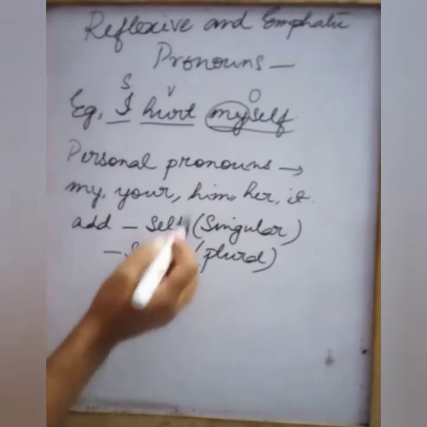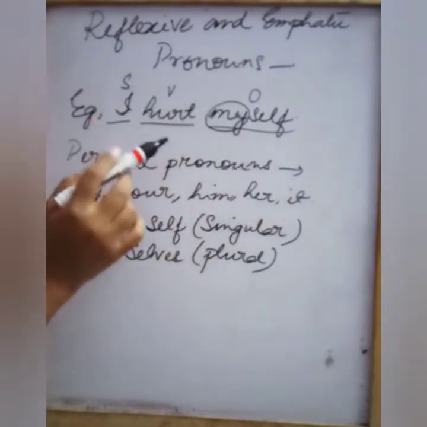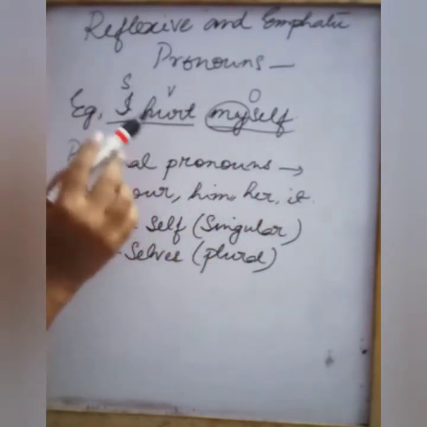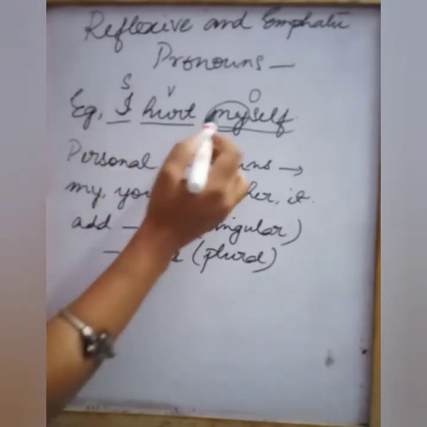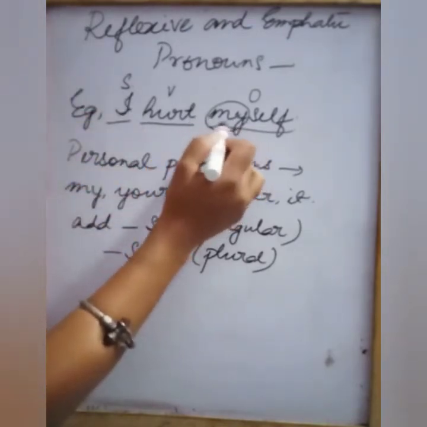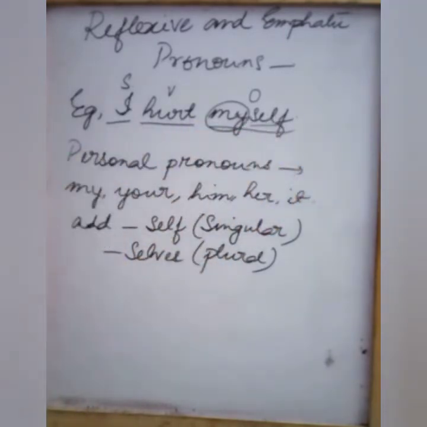So when we add self with the personal pronoun, what is this? This is a compound personal pronoun. My is a personal pronoun. When you are adding self, it becomes a compound personal pronoun.